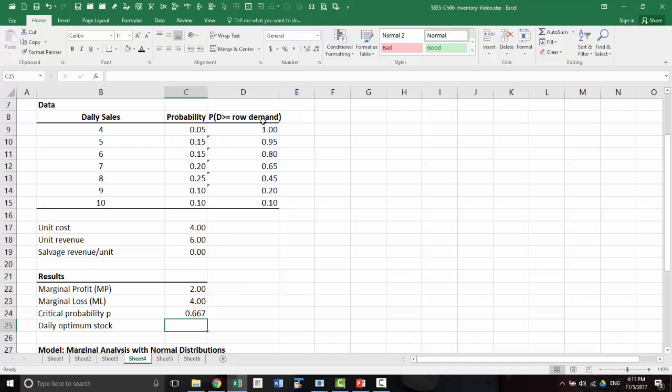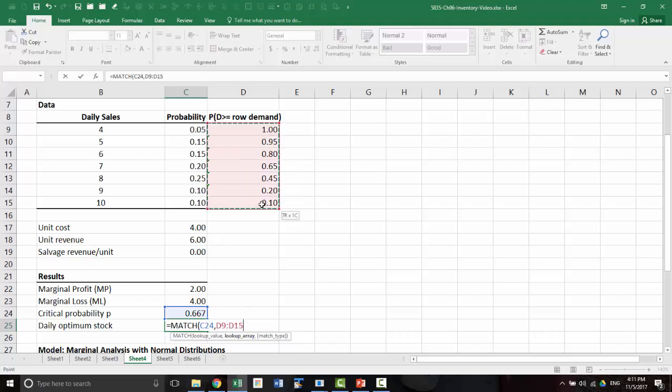First we need to figure out which row number corresponds with this cumulative probability being greater than this. There's a function called MATCH. So MATCH first takes the lookup value, which is the critical probability. Then the lookup array is that range.